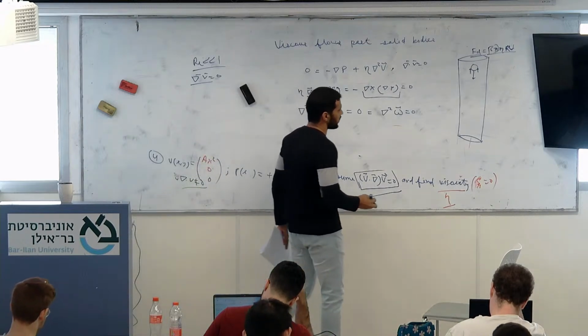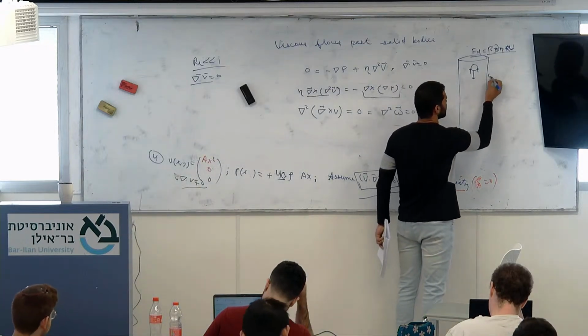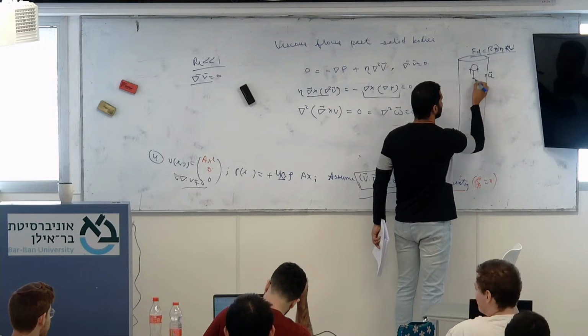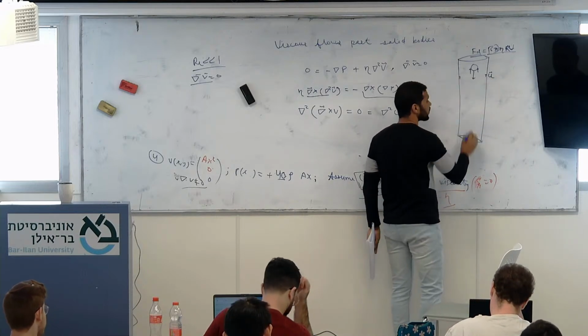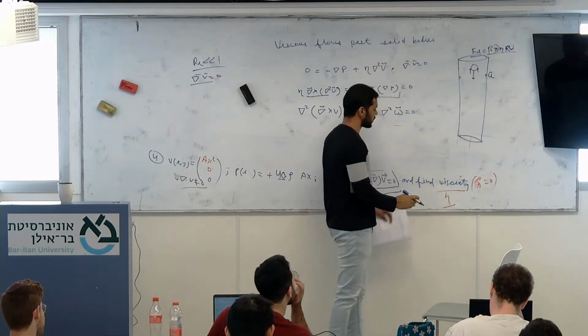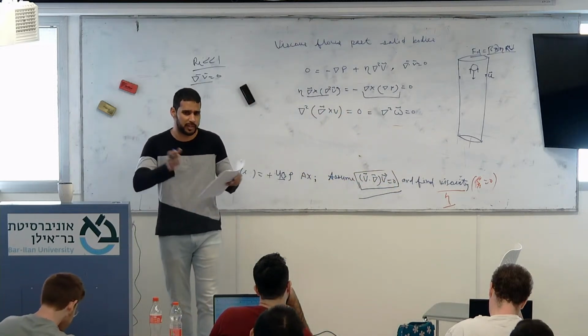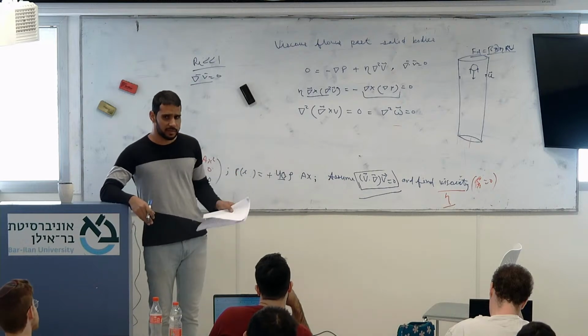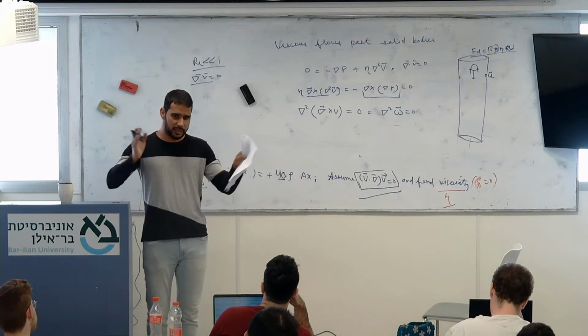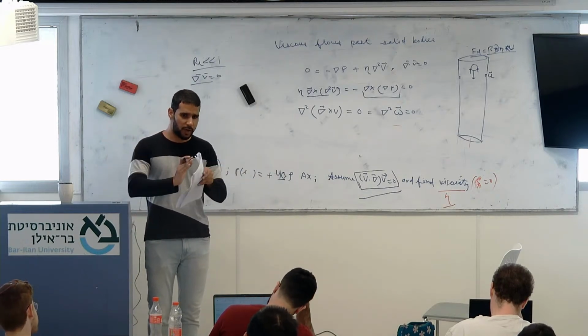So assume that the velocity of the fluid is u at the walls, at infinity. This pipe has a length. When I say infinity, that means at the edges of the pipe, far from the ball.